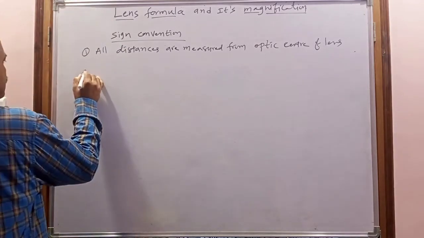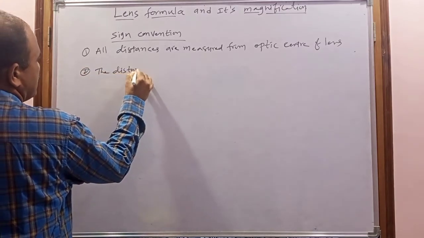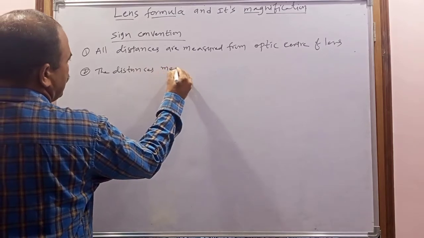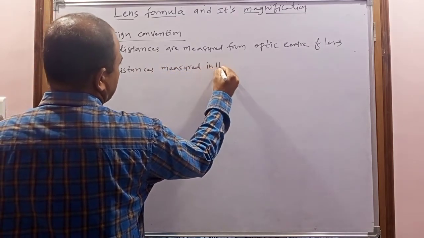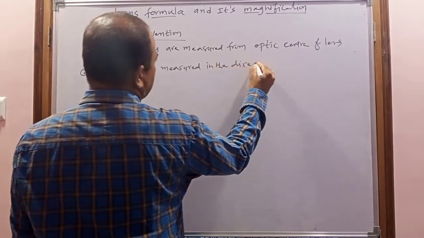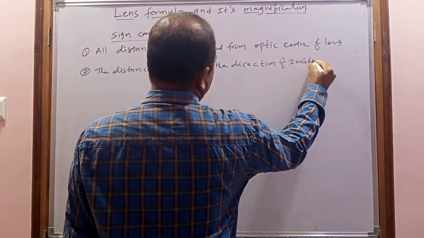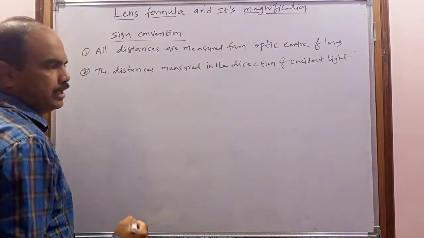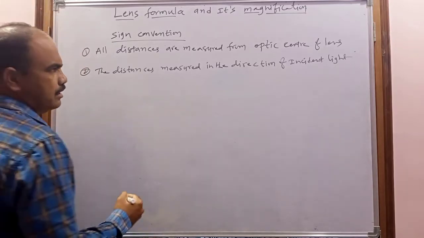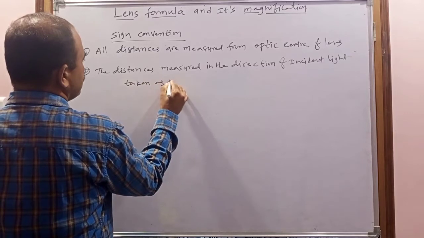The second one: distances measured in the direction of incident light are taken as positive.